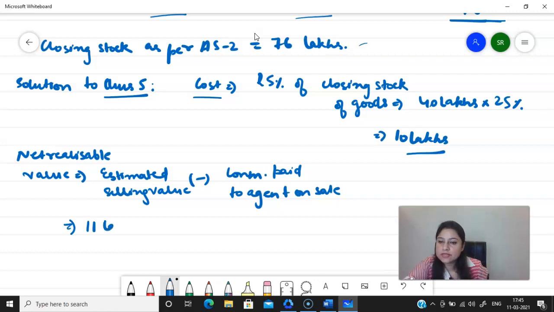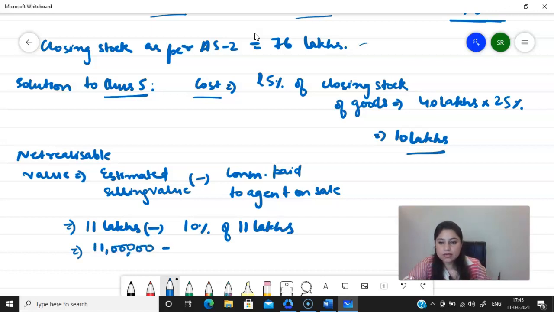The selling value is 11 lakhs and the commission is 10% of 11 lakhs, so 11 lakh minus 1 lakh 10,000 will give us 9 lakh 90,000 as the NRV.